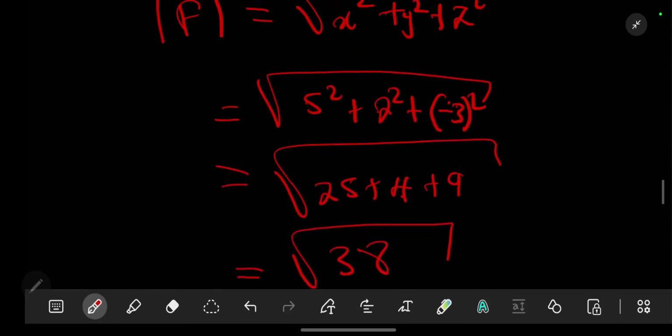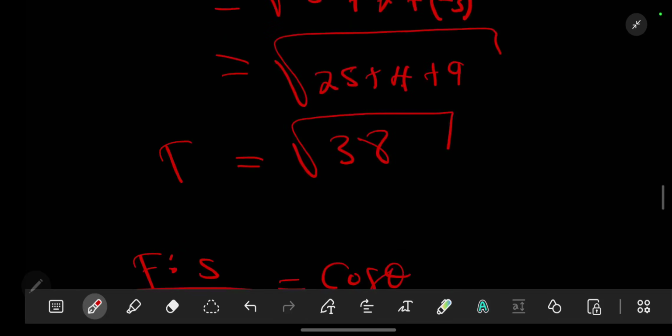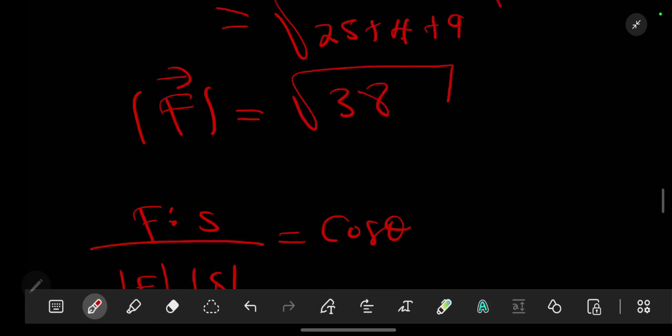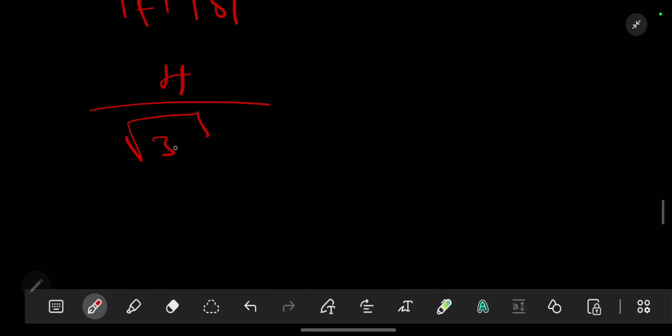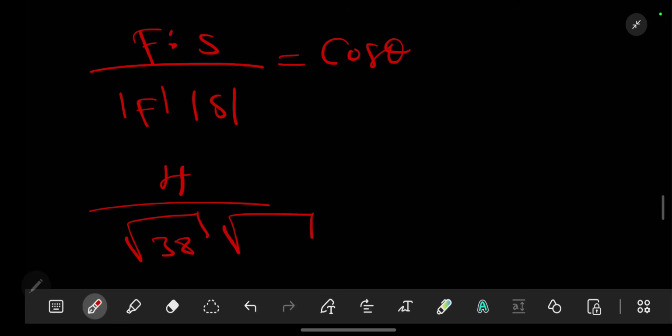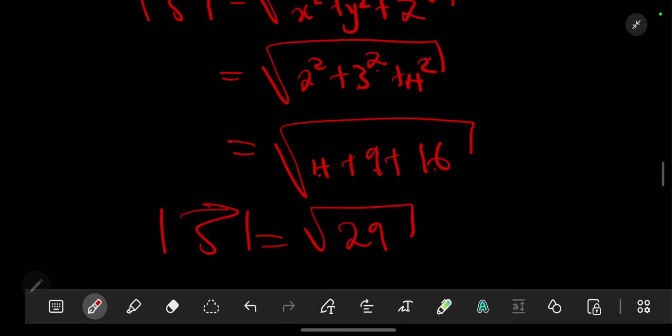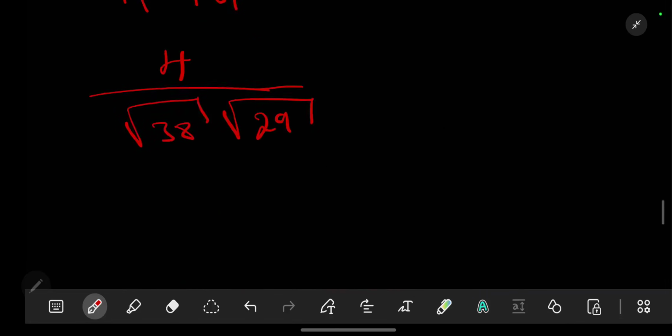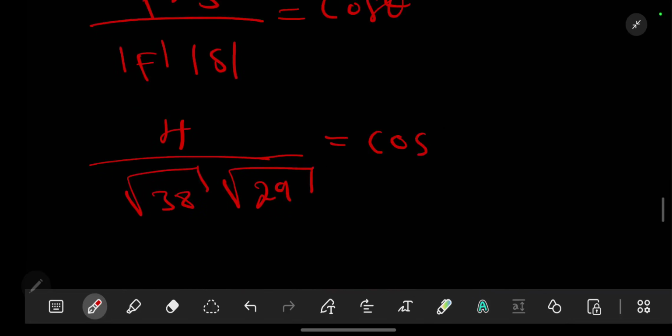The magnitude of f is the root of 38. Then we multiply by the magnitude of s, which is the root of 29, and this should equal the cosine of the angle theta.